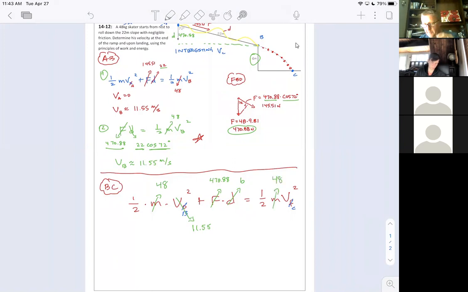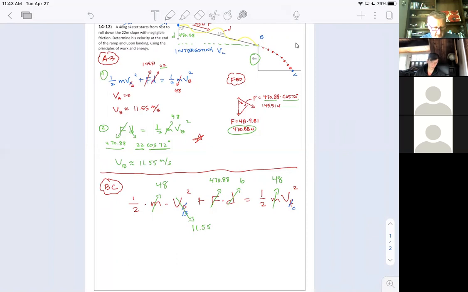And so I can solve for velocity at C squared. And so that's really quick. It's really cool. So I multiply all this out. One half times 48 is 24, times 11.55 squared, plus 470.88 times 6. Get an answer for that.